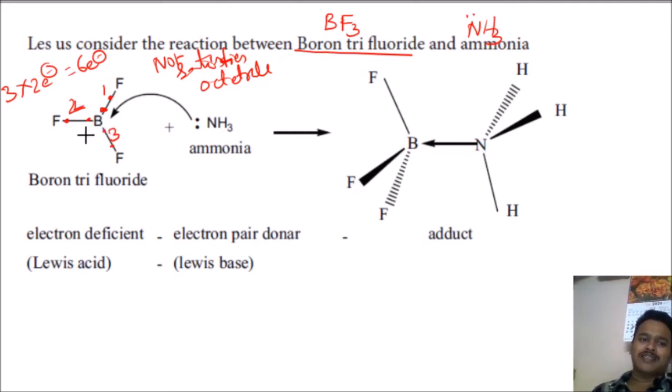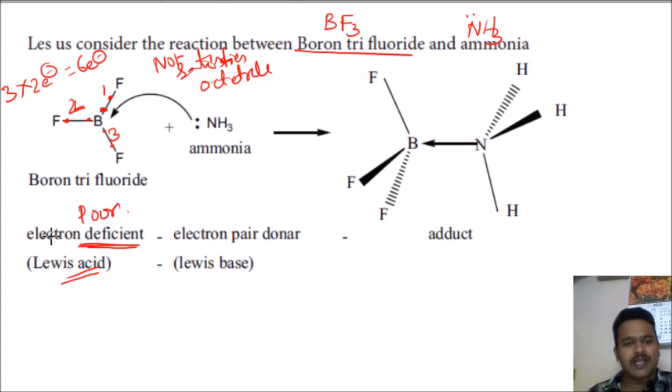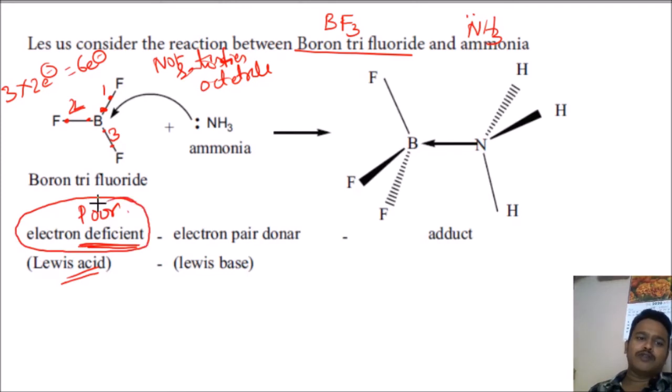It is a good electron pair acceptor now, so it is called a Lewis acid. Who can accept electrons? Who doesn't have electrons? Who is electron deficient? Deficient means electron poor species. Remember this one, it is a better understanding. Electron poor species, electron deficient species are Lewis acids.